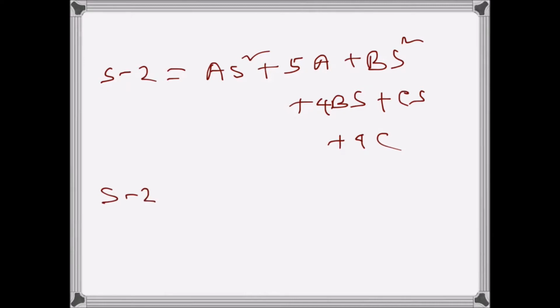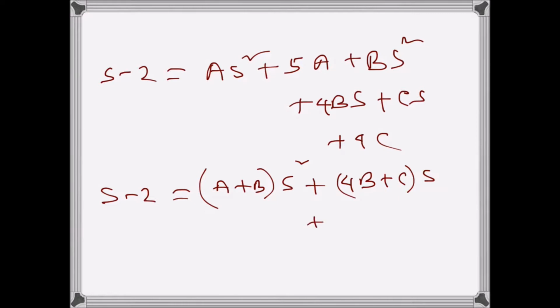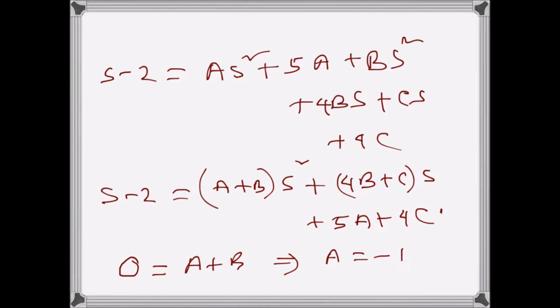So we can write this as (A plus B) s square plus (4B plus C) s plus (5A plus 4C). Now first we will equate the coefficients of s square on both sides. On the left hand side there is no s square, so the coefficient is 0, and on the right hand side it's A plus B. So from here we get A is equal to minus B. Then we will equate the coefficients of s.